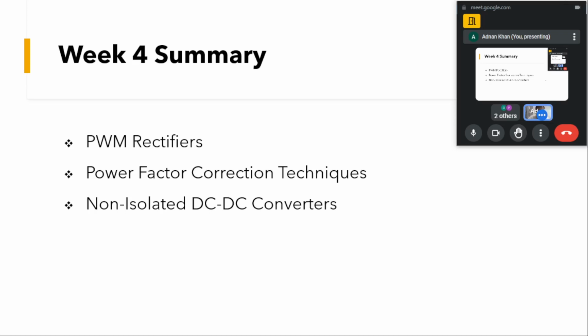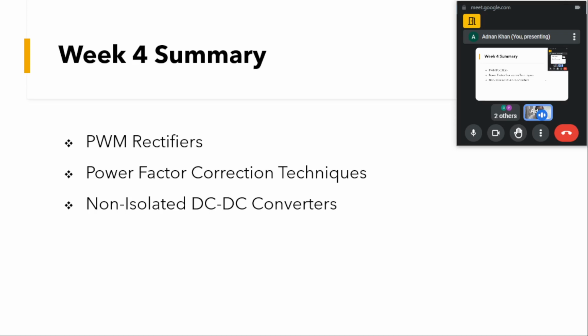Here I'll go through certain things that have been taught regarding these DC-DC converters, and subsequently, in the questions, I'll be talking about PWM techniques and other power factor correction techniques, because there are some questions related to power factor correction, and there we'll discuss in detail about power factor correction and certain techniques regarding that.